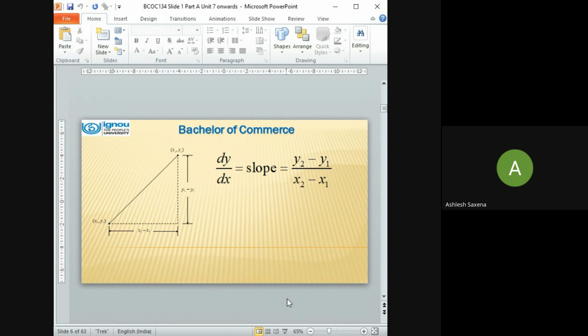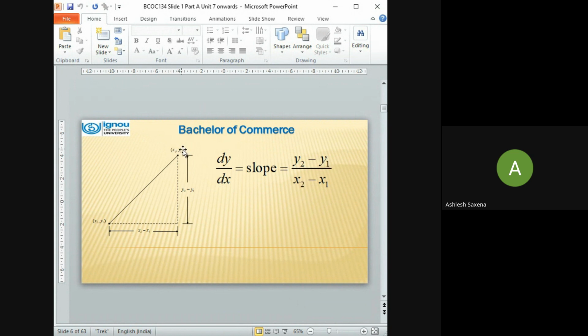Now, another mathematical relation: why do we find the derivative? We have to find the slope. Slope means the inclination. Now, if we have 2 points, x1, y1, and x2, y2, the slope, that is dy by dx, is equal to y2 minus y1 upon x2 minus x1.